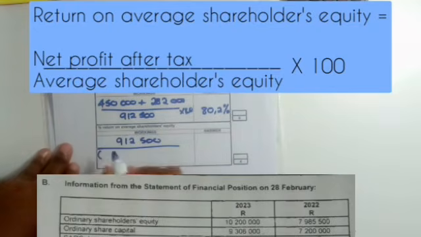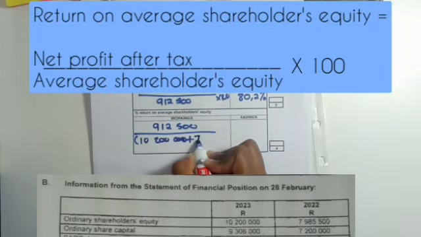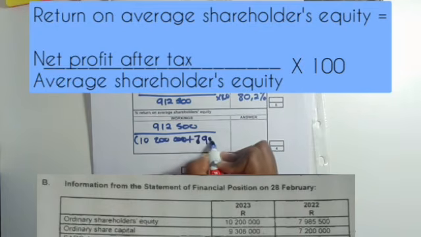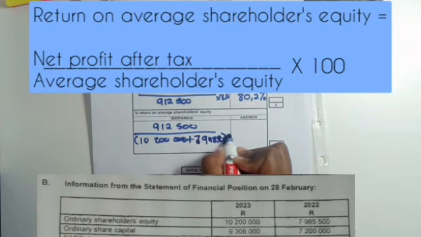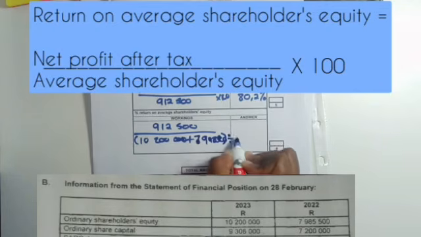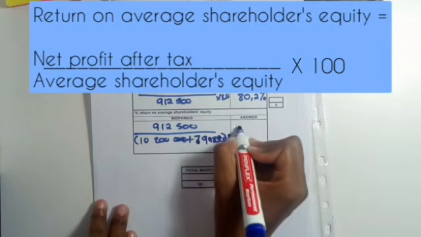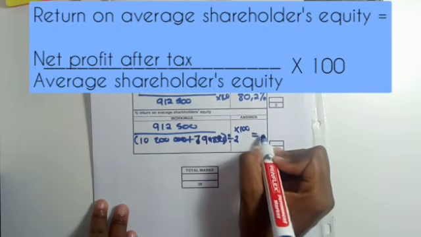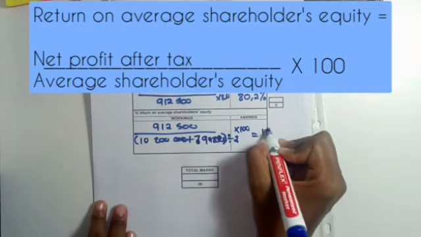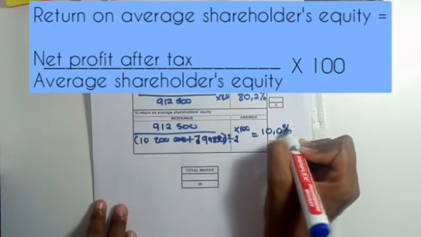So the shareholders' equities from information B: 2023 shareholders' equity is 10,200,000 and the 2022 one is 7,985,500 in bracket, and everything in bracket will be divided by 2, and that will all be multiplied by 100 as well, and that is going to give you a final answer of 10.0%.